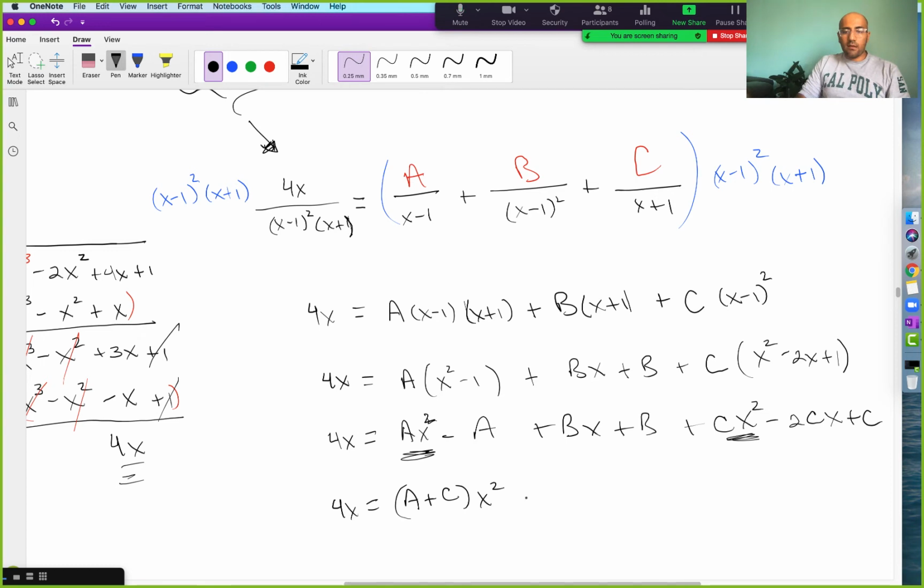And then plus, I'll have b and a minus 2c x, and that takes care of this guy and this guy. Those are the ones that have a power of 1. And then finally I have the ones that are constants, minus a plus b plus c.